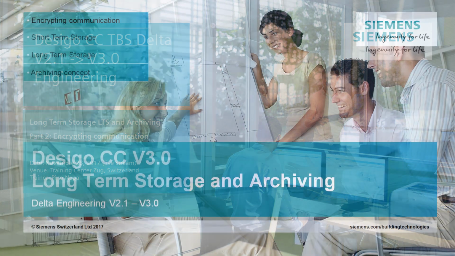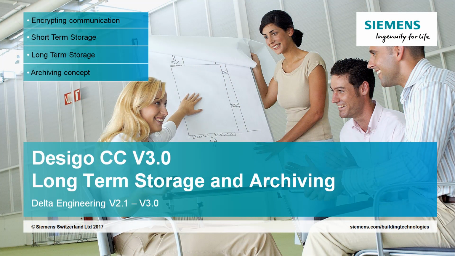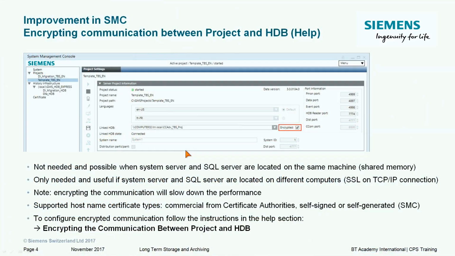Let's start first with encrypting the communication between the project and the history database. This is possible. We have an encrypting possibility here. First of all, it's not needed and not possible when the system server and SQL server are located on the same machine.